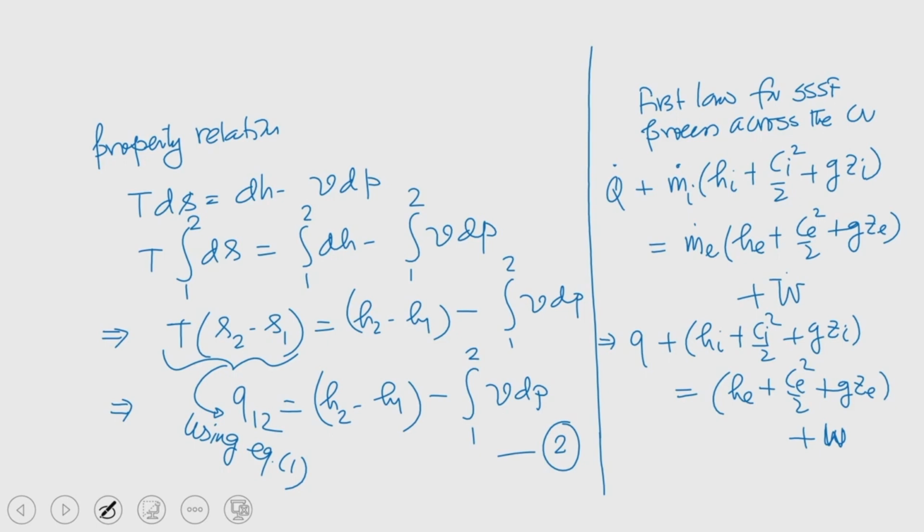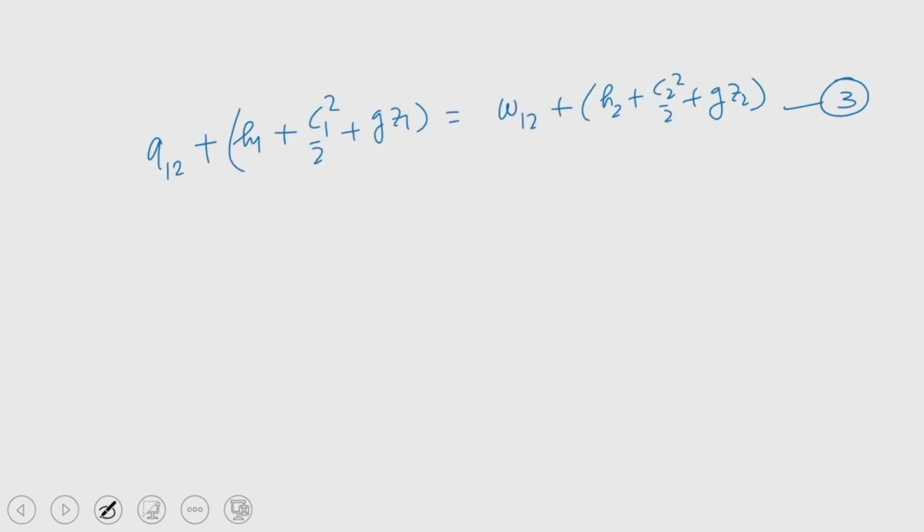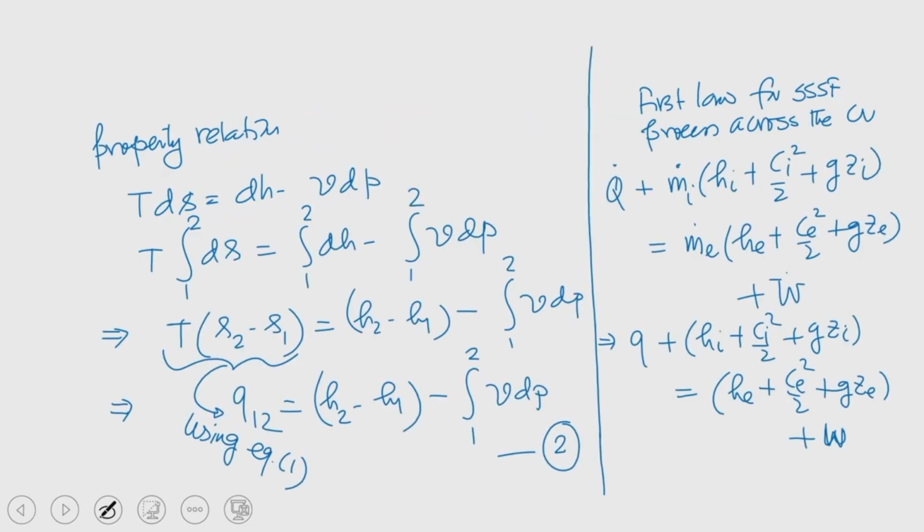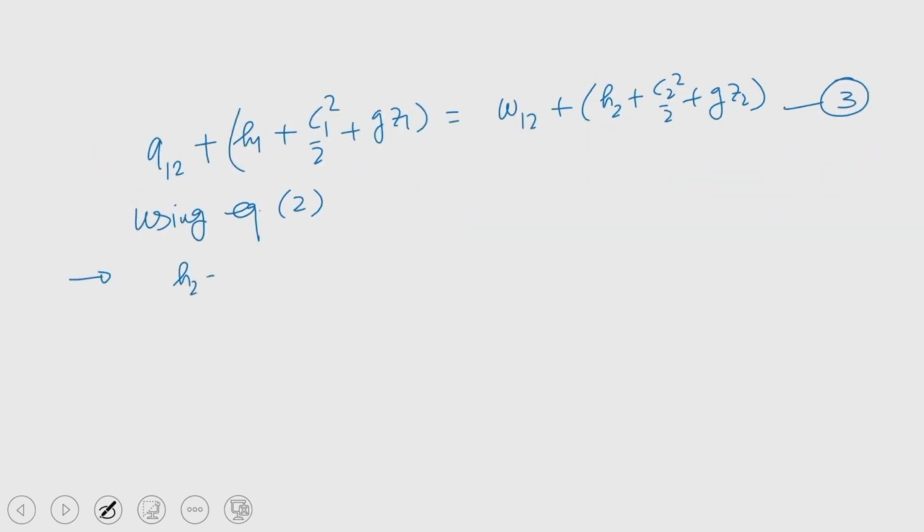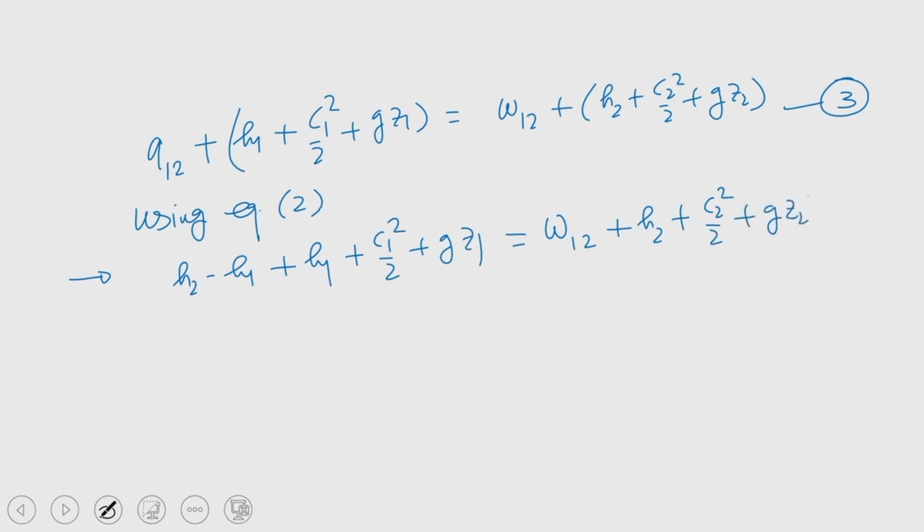If we write the expression of q12 in equation 3, now using equation 2, we can write h2 minus h1 plus h1 plus c1 square by 2 plus gz1 equal to w1 to 2 plus h2 plus c2 square by 2 plus gz2 minus integral 1 to 2 VdP.